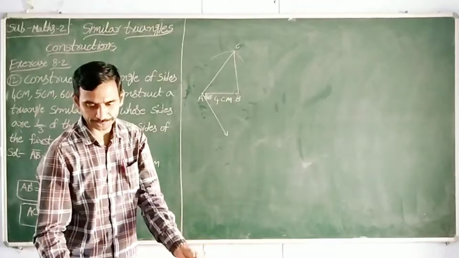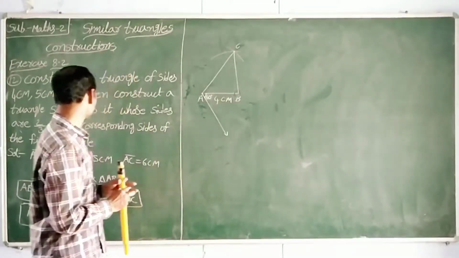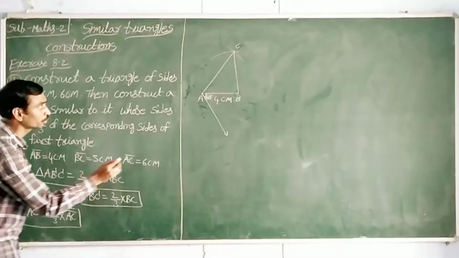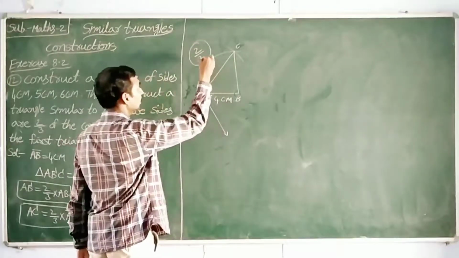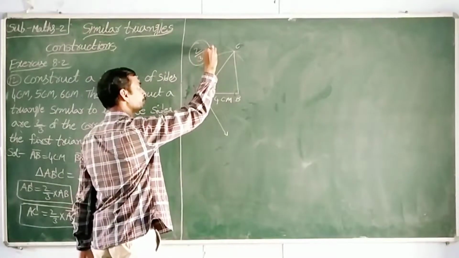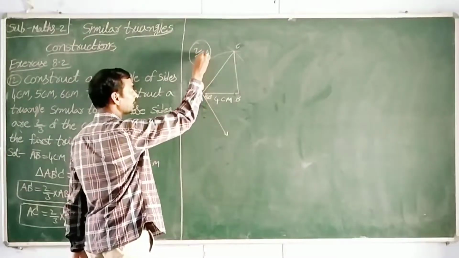After that, you can take the compass again. You can make equal parts. Here, what is the ratio? 2/3 ratio is there. Which is the bigger number? 3 is the bigger number. We can divide AE into 3 equal parts.